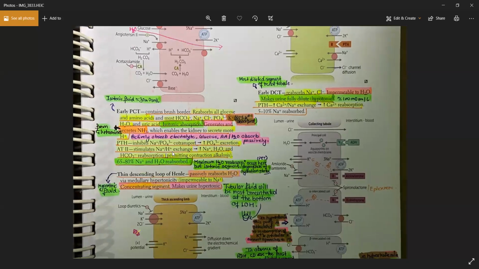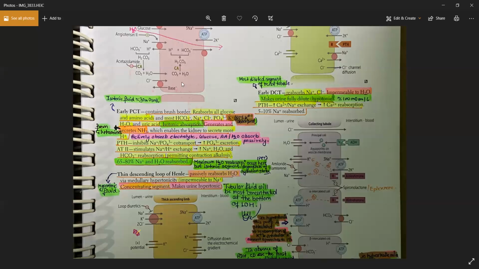And maximum water absorption occurs here again. Around 80% of the water is getting reabsorbed in the PCT, doesn't matter whatever the concentration of water in my blood is. Doesn't matter if I'm having hypovolemia or hypervolemia, edema or anything else, I will always have 80% of water absorption in the PCT.